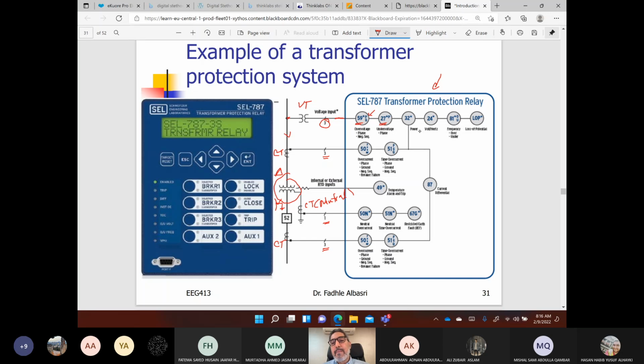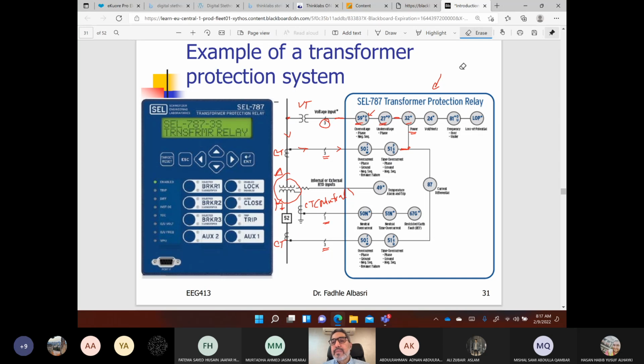Now we have others, like power. From the voltages, I can also check, but not from voltage alone, I can determine the power direction, or I need to know also the current. So from the current and the voltage, I can determine the power direction.